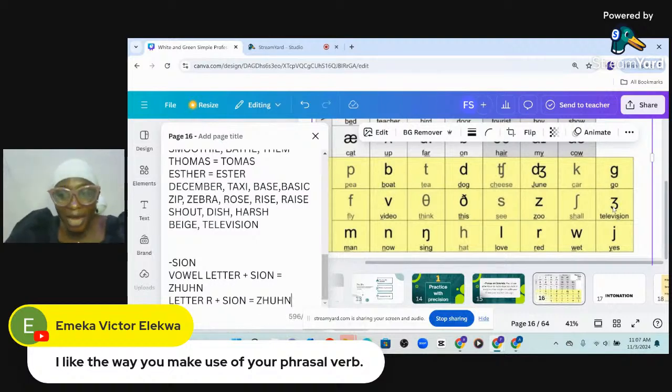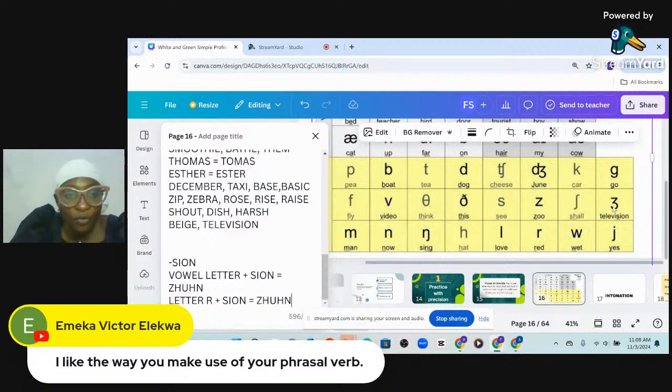Is this clear? I'll go over that again. When you have a vowel letter, letter A, letter I, letter E, letter O, letter U, before SION, SION will sound jeune, not Sean. Also, should you have letter R before SION, SION will also sound jeune.